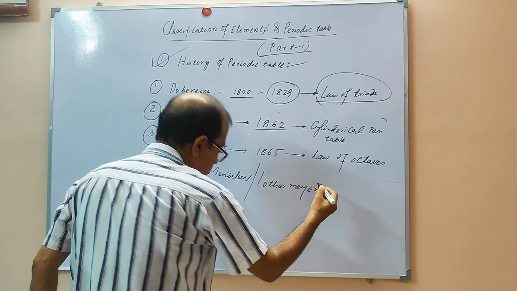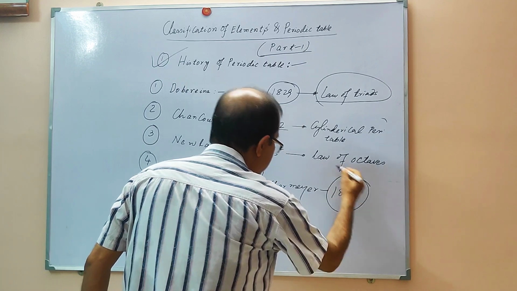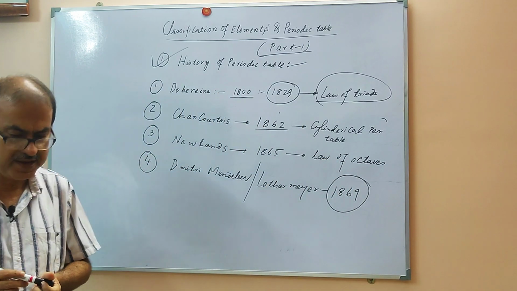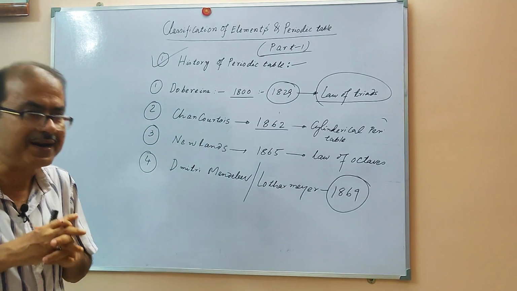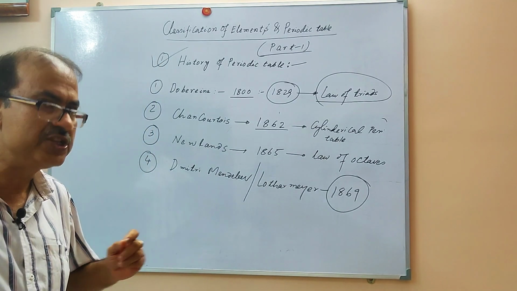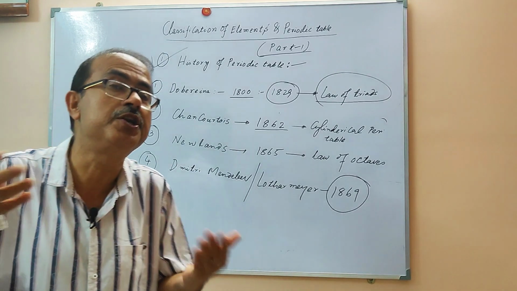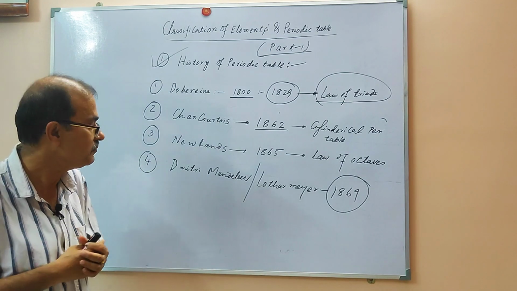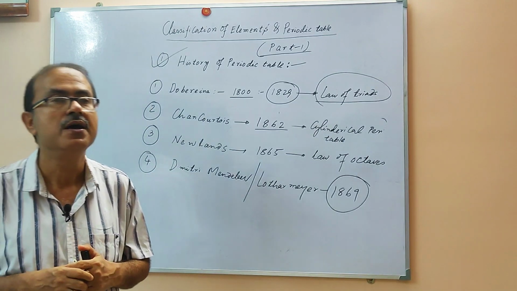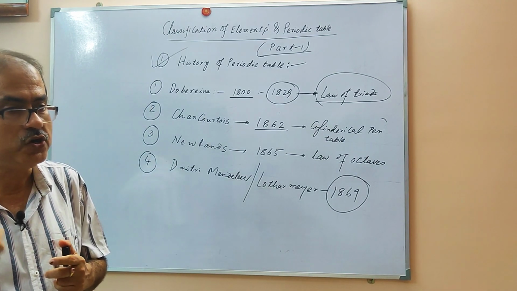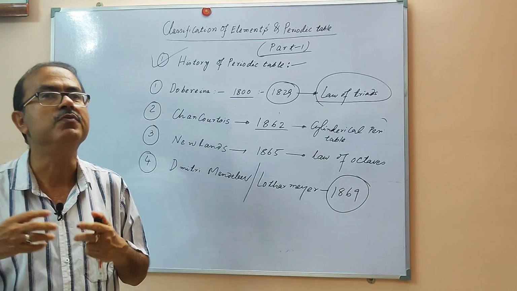Dmitry Mendeleev and Lothar Meyer in the year 1869 independently gave this very idea that when they arrange the elements in order of increasing atomic masses, they found a similarity, a periodicity of the properties of the elements. Lothar Meyer used the physical properties to classify the elements, like boiling point, melting point, and atomic volume.